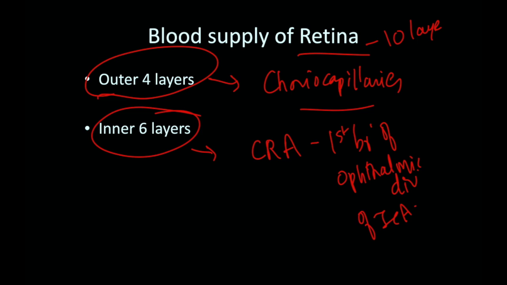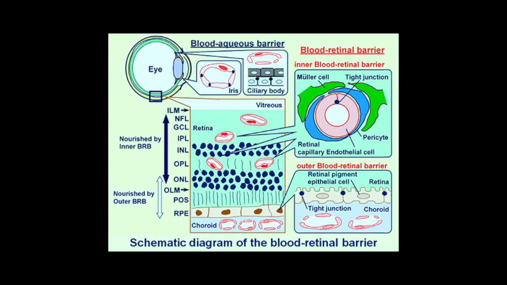Okay. Now, a very important point to understand. As I discussed previously, I told what is the outer blood retinal barrier. That is the junctions between the RPE cells that form the outer blood retinal barrier. Okay, what about the inner blood retinal barrier? It is formed by the tight junctions between the endothelial cells and also the Muller cells and also the pericytes covering this endothelium.